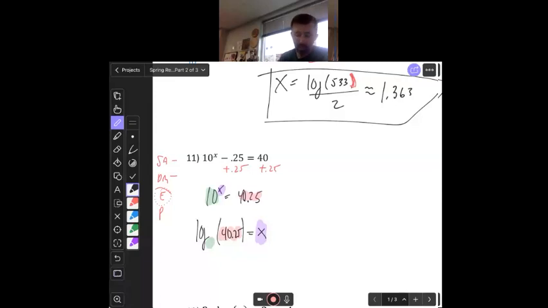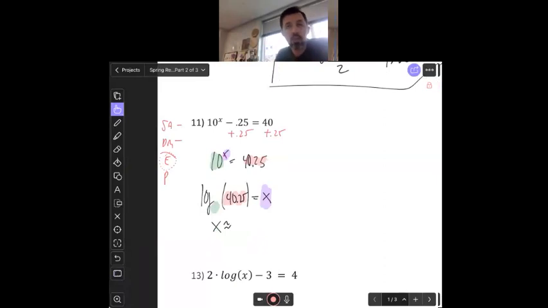Right, so what is the log of 40.25? It's something you guys all should be doing. Typing that in. Get used to hitting that button again.